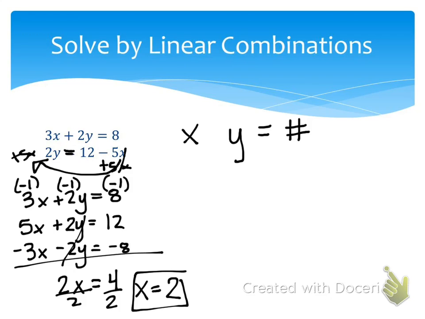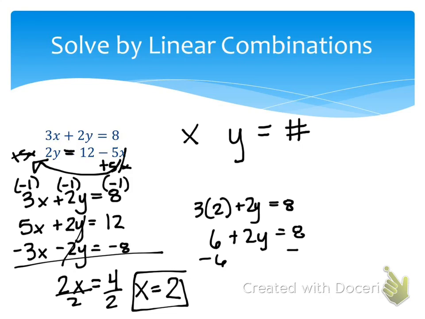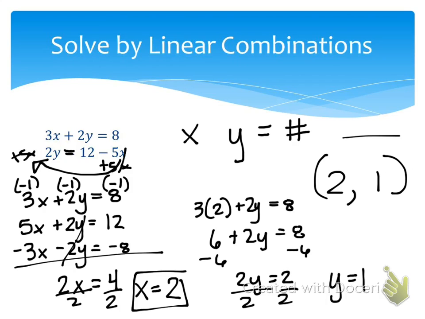All right, we're going to have 3 times 2 plus 2y equals 8. 3 times 2 is 6. Subtract 6 on both sides, and I get 2y is equal to 2. Divide by 2 on both sides, and y is equal to 1. So my ordered pair would be 2, 1.